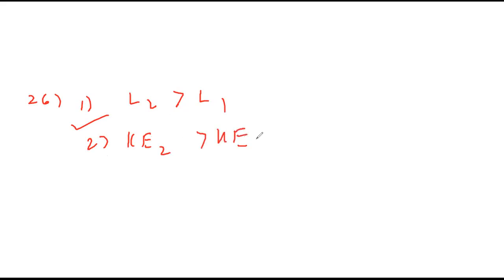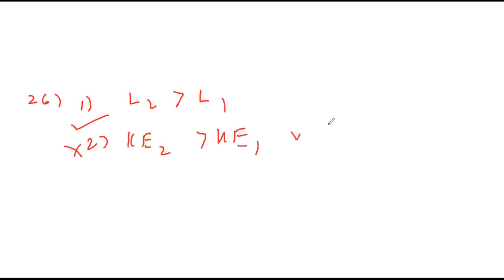Twenty-sixth. Check the correctness of the following statements of hydrogen atom. First one, linear momentum in second orbit is more than in first orbit. Absolutely true. Kinetic energy in second orbit is more than kinetic energy in first.